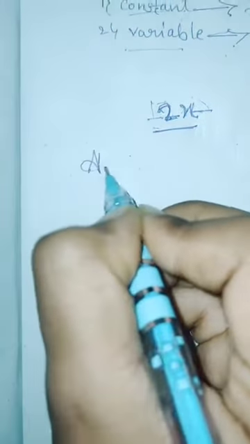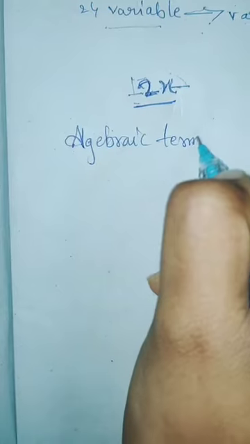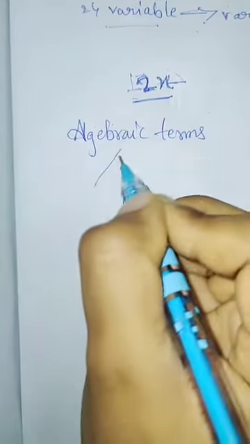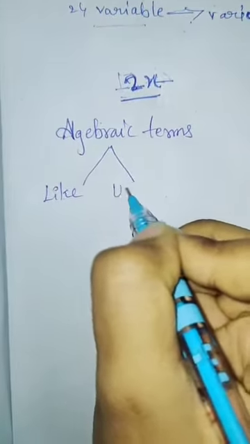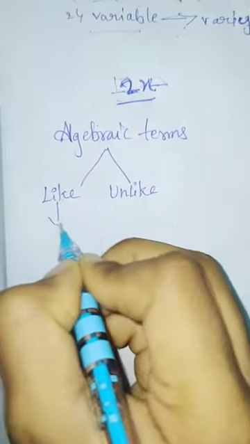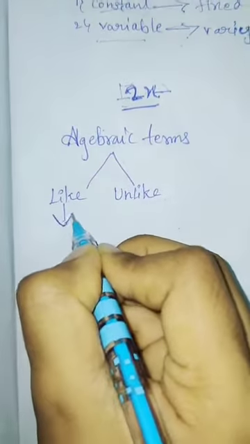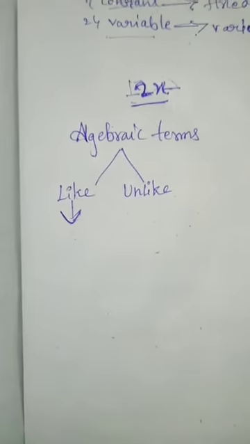Under algebraic terms, we have two types, that is like terms and unlike terms. First, what are like terms? Like terms are those whose variable is the same.